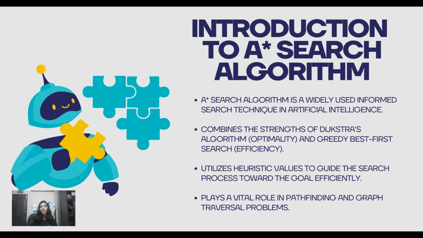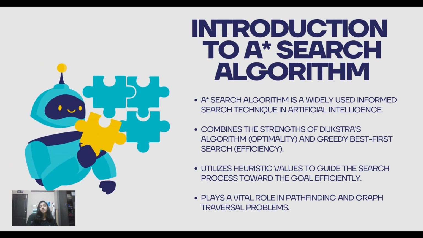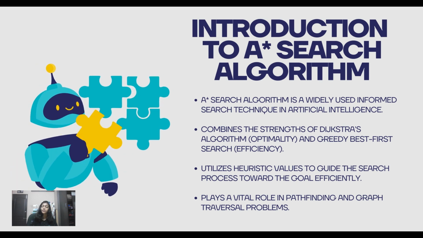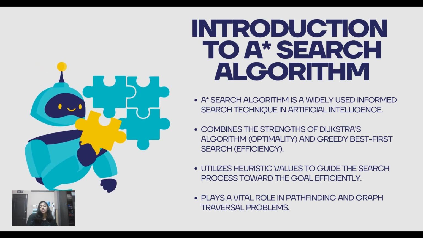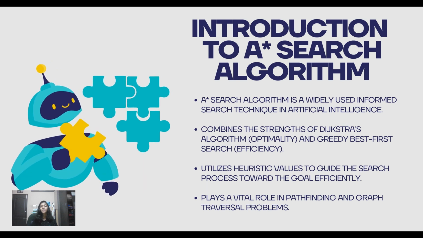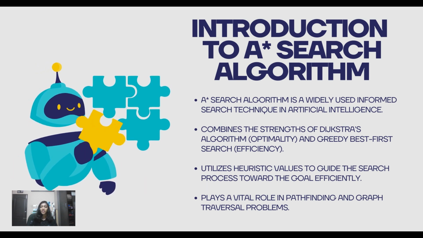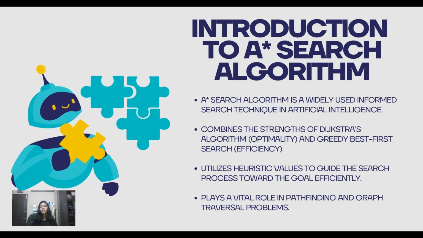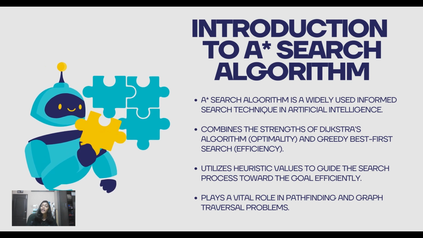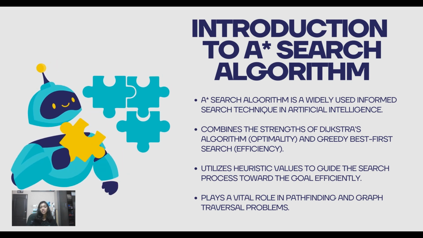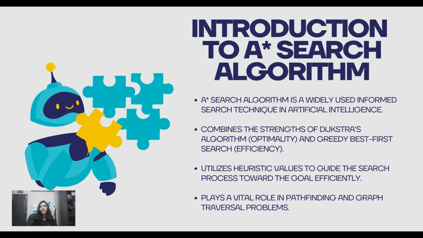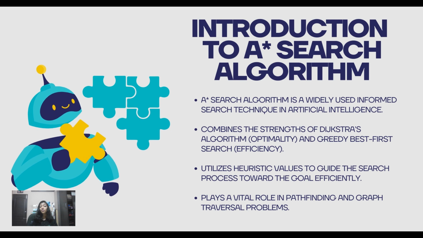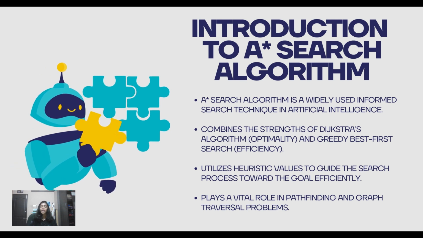So A-star search algorithm is a popular informed search technique example, whereas breadth first search, depth first search, uniform cost search, and iterative deepening are examples of uninformed search strategies. So, A-star search algorithm combines the strengths of Dijkstra's algorithm for optimality and greedy best first search for efficiency. It utilizes heuristic values to guide the search process towards the goal efficiently. It plays a vital role in pathfinding and graph traversal problems.